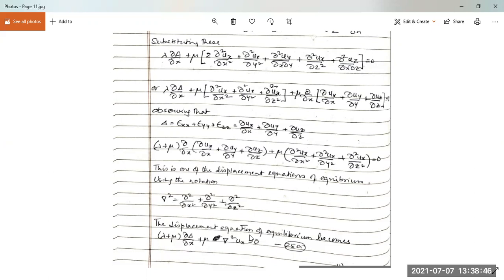Thus, the displacement equation of equilibrium becomes (λ plus μ) ∂Δ/∂x plus μ ∇²u_x equal to 0 itself.